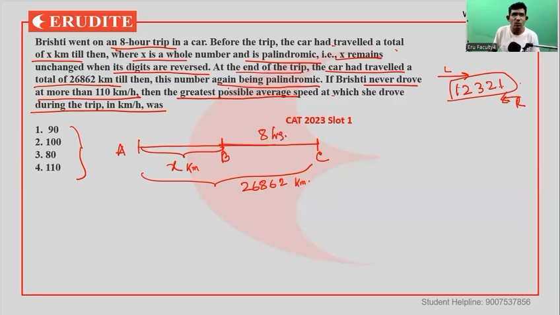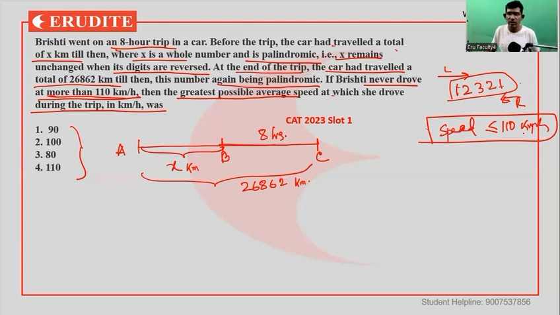Now, they are asking for the greatest possible average speed. Brishti never drove at more than 110 kmph, which means her average speed was always less than or equal to 110 kmph. So what could be the highest average speed?